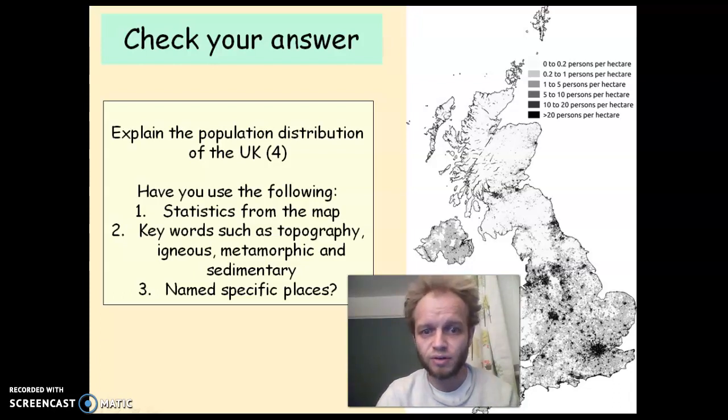So you need to use keywords such as topography or igneous, metamorphic, sedimentary, hard, soft rock, those sorts of things. And then the last one, have you named some specific places? You should really know at least London. You should know places like the Grampians, Holderness coastline, and so on. So you should have a few named places in there.